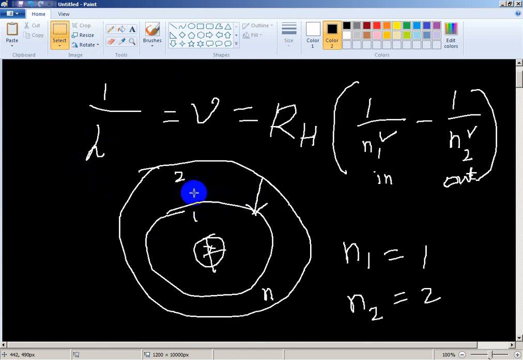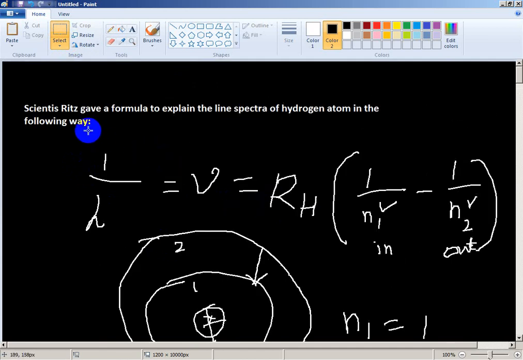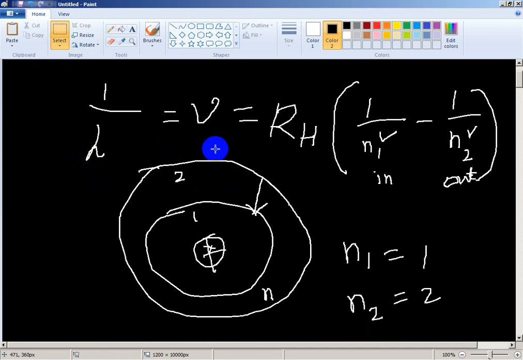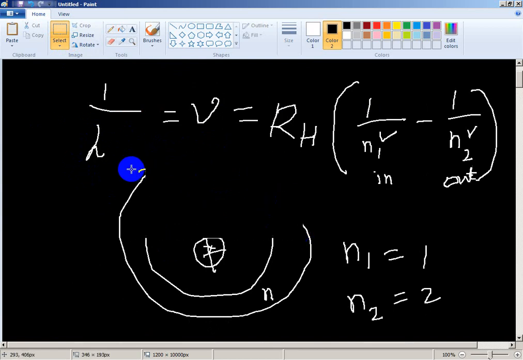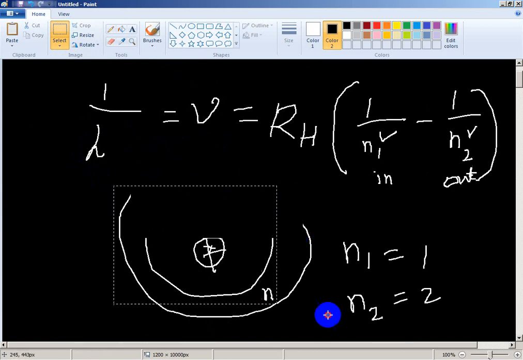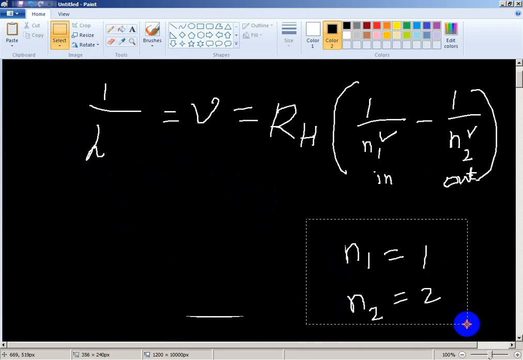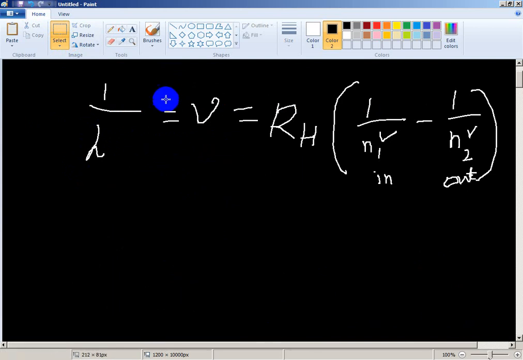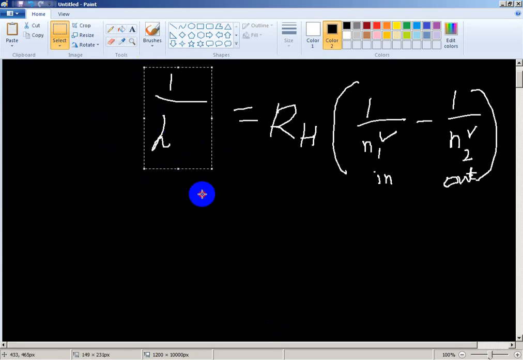The scientist Rydberg gave this formula. We will use this equation, 1 by lambda only. What is RH?